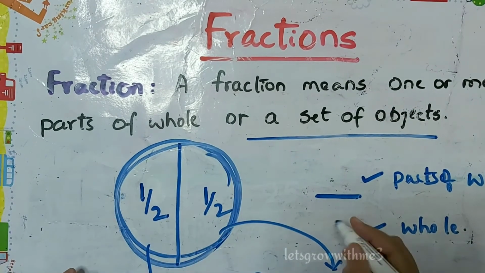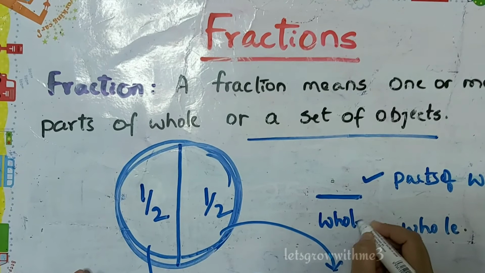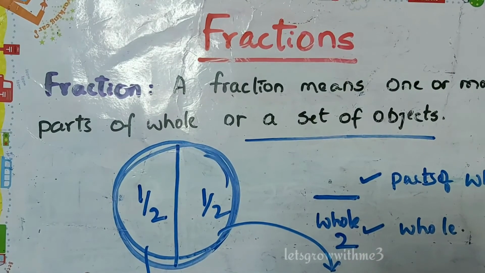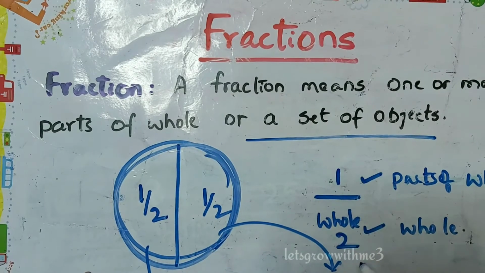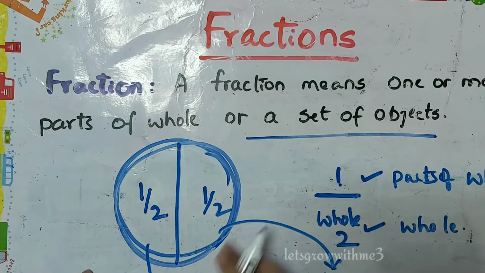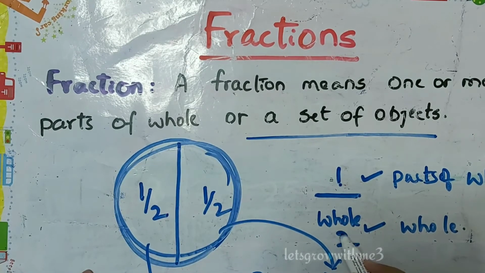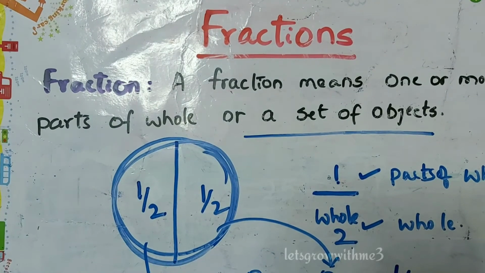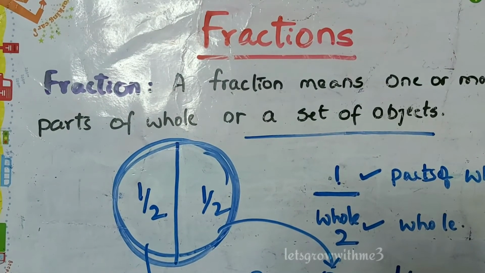Here 1 is representing the part of the whole, and 2 is representing the whole. Again, for the whole we have the total number of parts into which it is divided, and we take that as the whole. Whatever part we need and require will be the numerator.